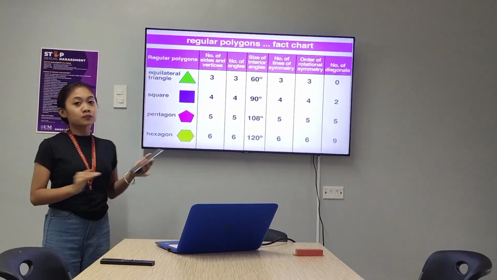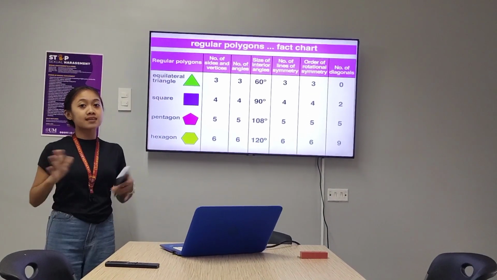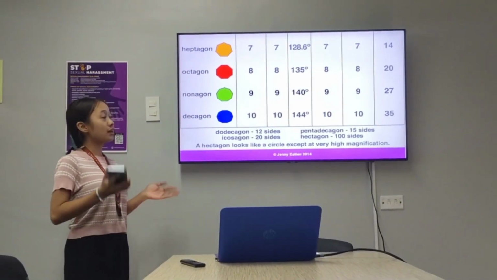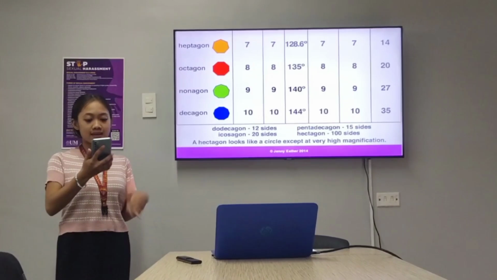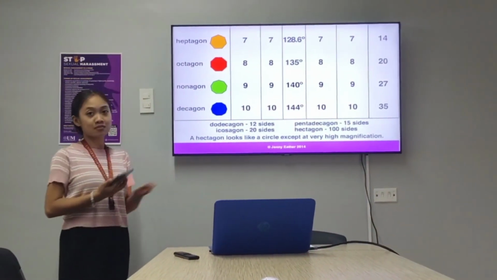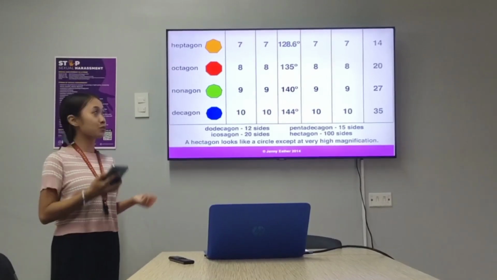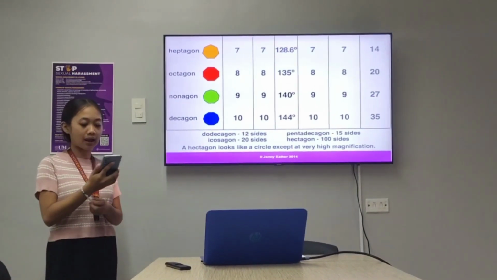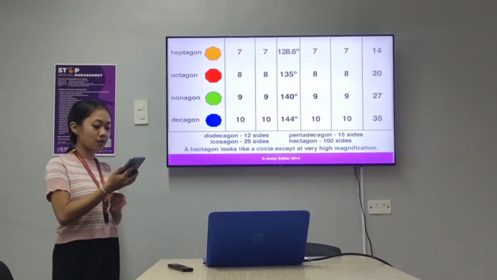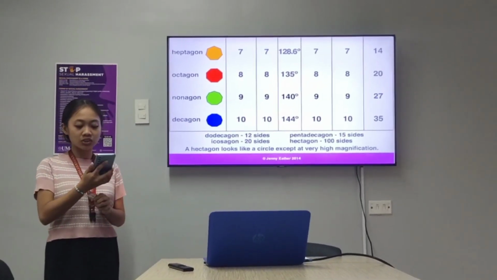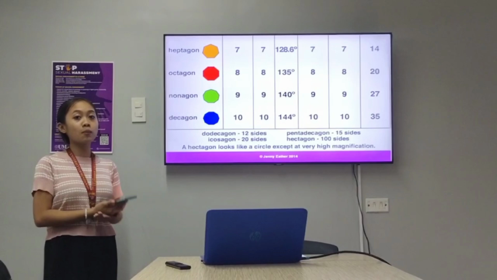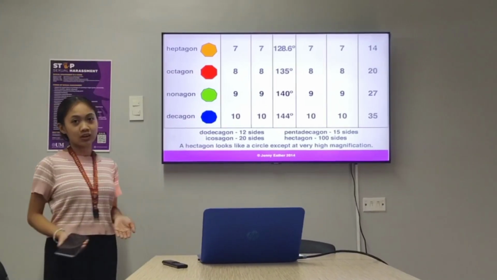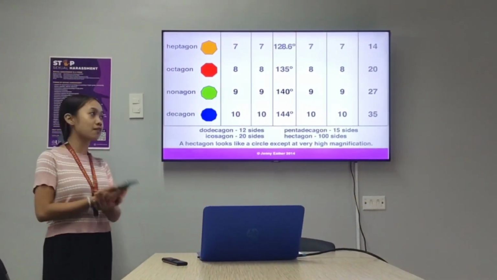The pentagon consists of 5 sides and vertices, 5 angles, 108-degree interior angles, 5 lines of symmetry, 5 rotational symmetry, and 5 diagonals. The hexagon, we all know, consists of 6 sides and 6 angles. The next one is the heptagon, which consists of 7 sides and vertices, 7 angles, 128.6-degree interior angles, 7 lines of symmetry, 7 rotational symmetry, and 14 diagonals. Next is the octagon. Of course, the next number after 7 is 8.